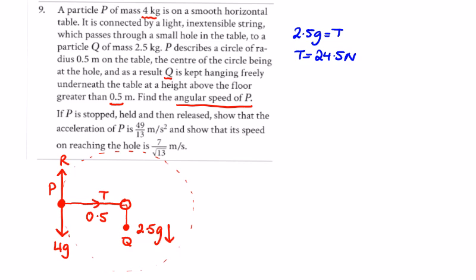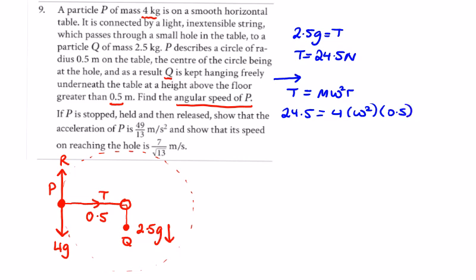Then, let's see what's next. We need our forces. So no triangles. In this direction we have our tension, and that's going to be equal to the centripetal force, so m w squared r. So we have tension is 24.5, the mass is 4, we're looking for angular speed, and the radius is 0.5.